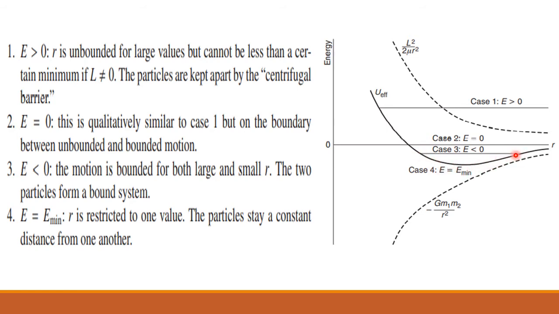So the 2 particles form a bound system when energy is less than 0. The fourth case is E equal to E minimum. Here r cannot take any other value; it is restricted to a single value. Therefore the particles stay at a constant distance from one another. These are the 4 cases.